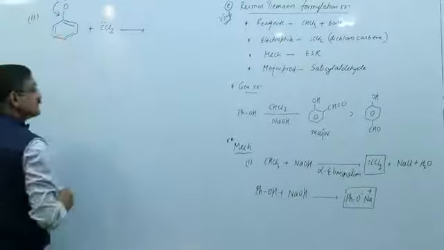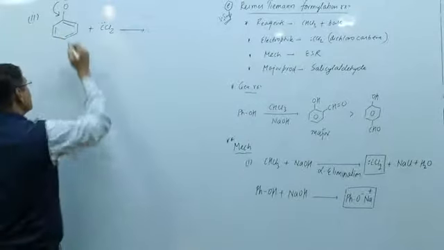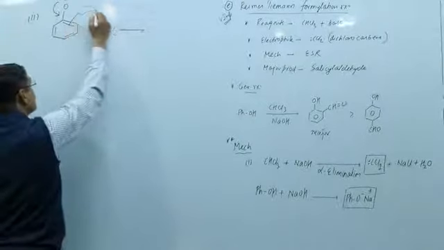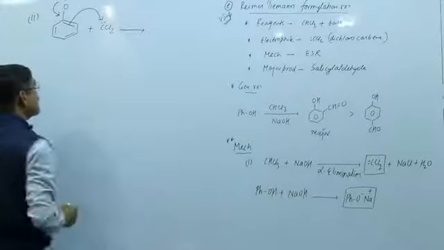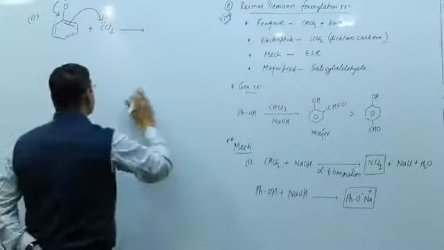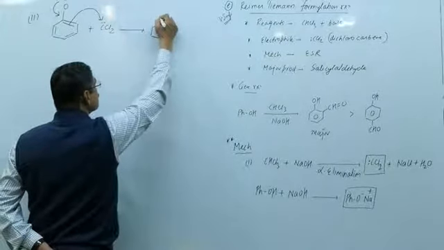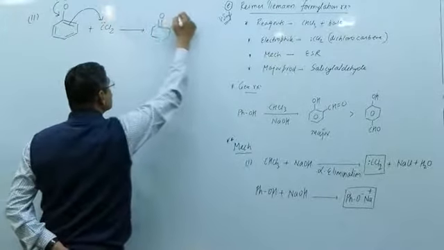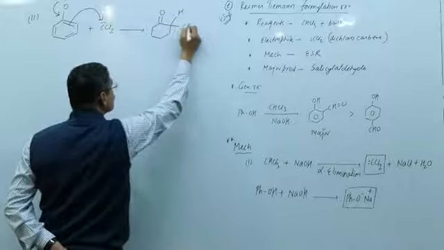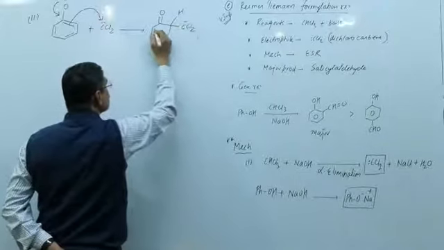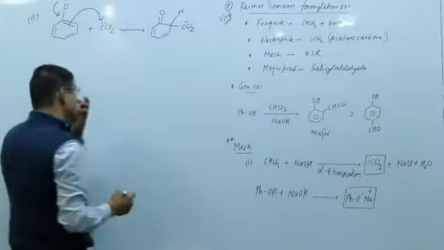So O minus is in resonance with the benzene ring, and the carbon atom of the benzene ring reacts with the dichlorocarbene. So first this intermediate is formed.